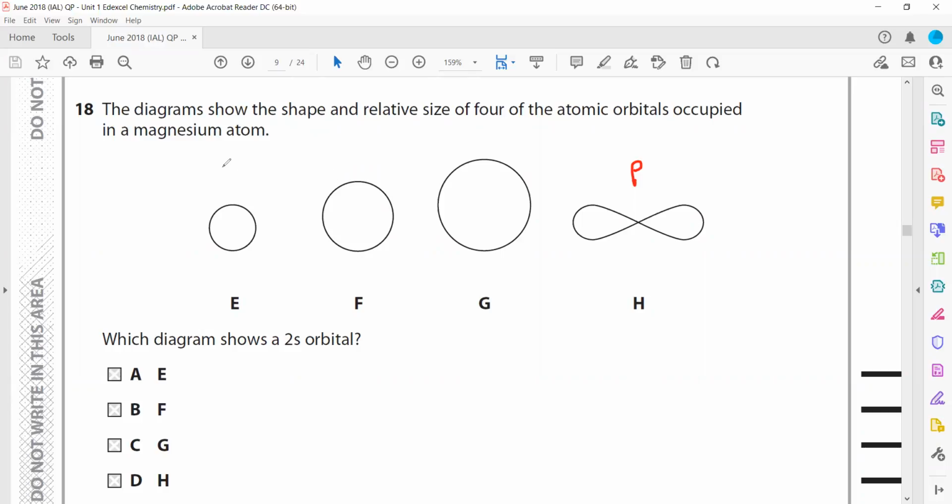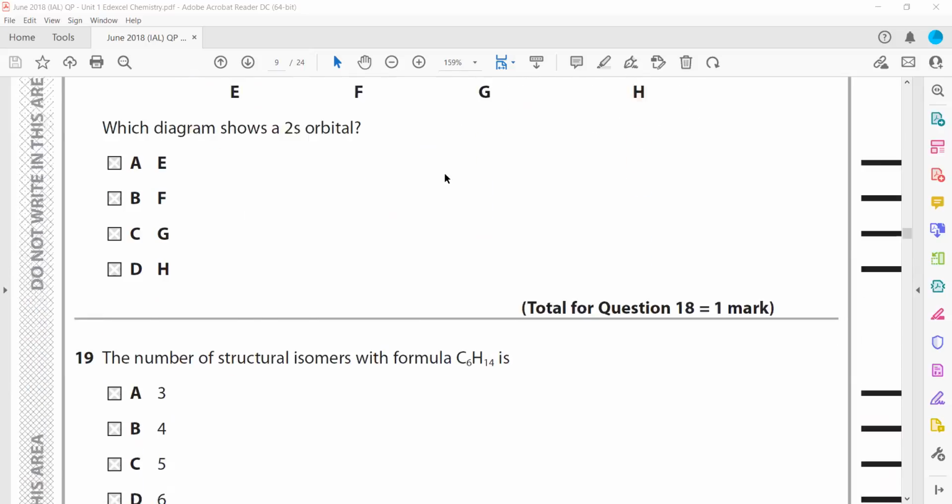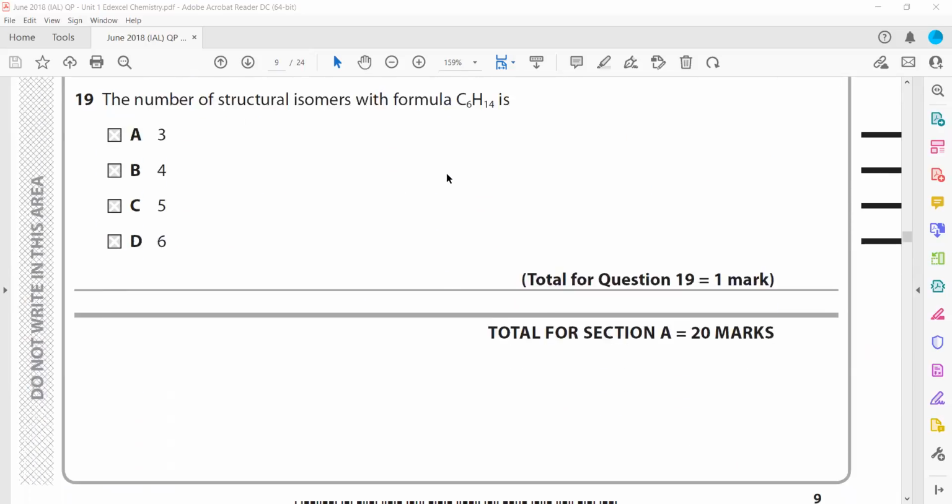So this will be 1s. Then bigger than 1s will be 2s, and then bigger than 2s will be 3s. So F is representing 2s. These are the orbitals which are present in magnesium. The only difference between 1s, 2s, 3s, 4s is that their shape is identical, only the size is different.